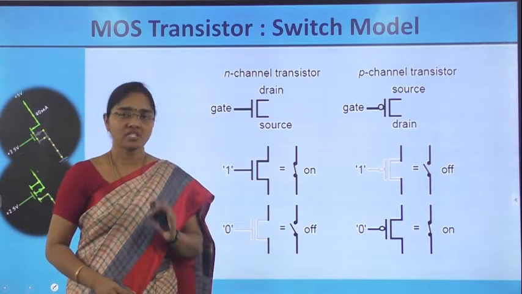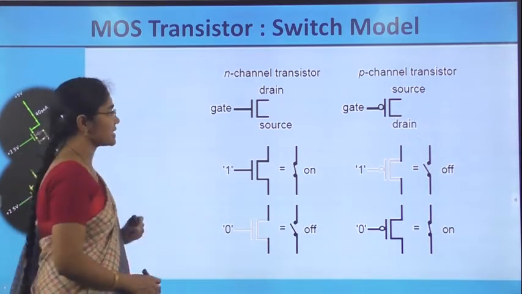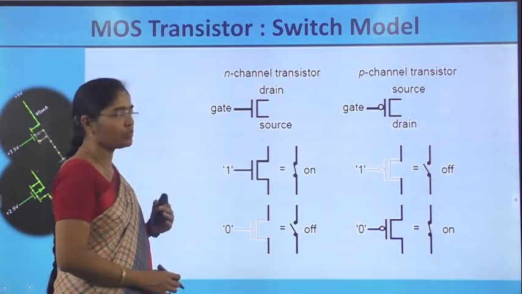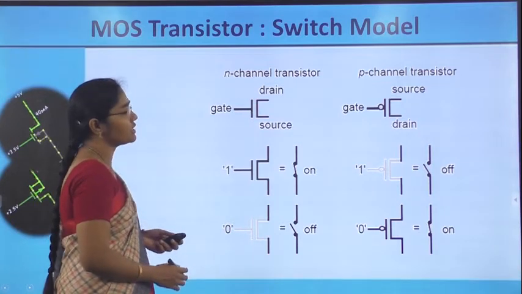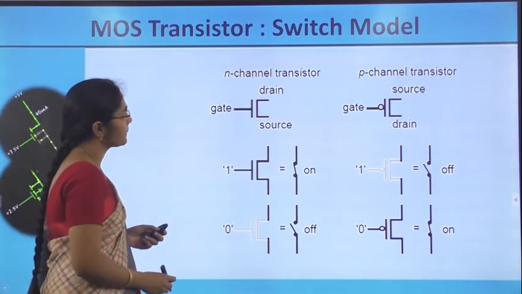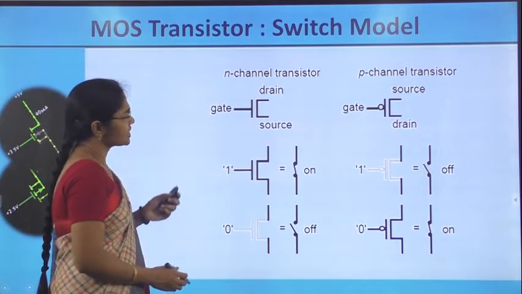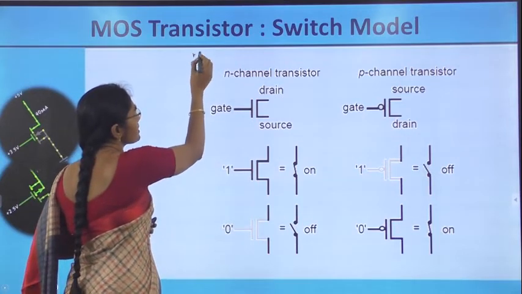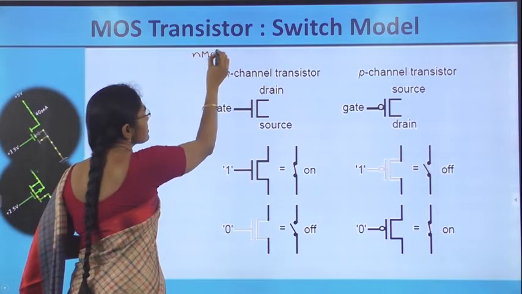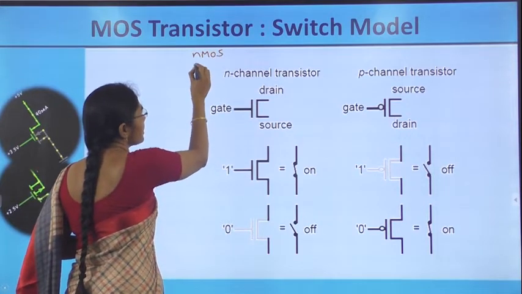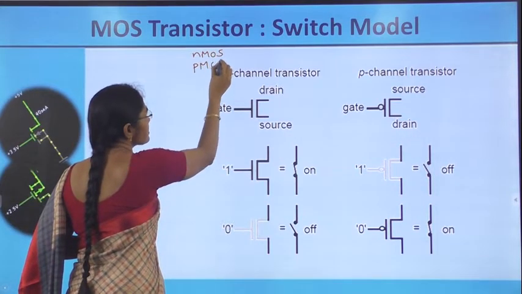MOS transistor switch action we have seen in the first lecture. Let us see once again the switch model of the MOS transistor. We have in the MOS transistors two transistors, one is NMOS and another one is PMOS.